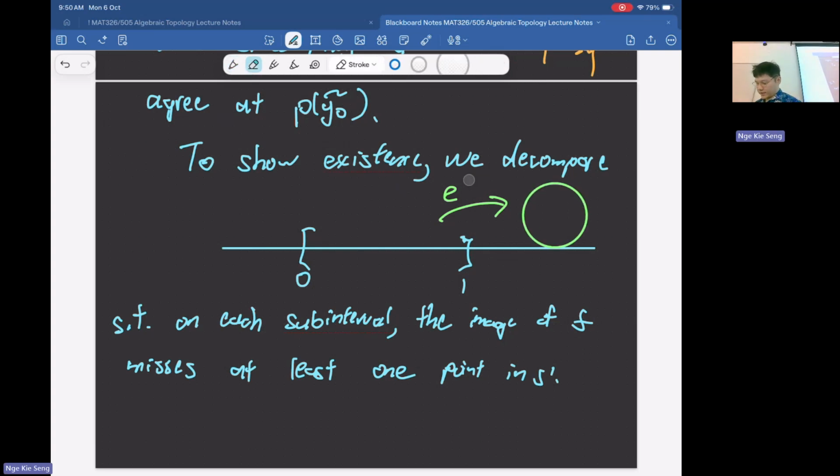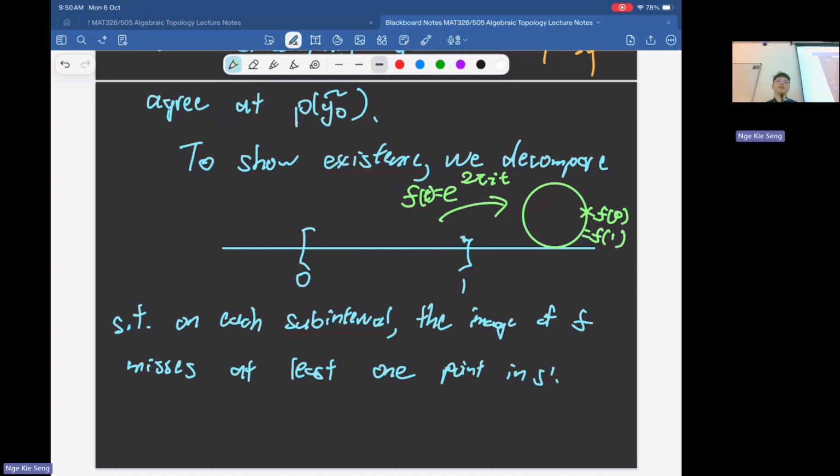It is enough to just use 2 pi it here. So at this point, let's say this is f of t, they only coincide at f0 and f1.